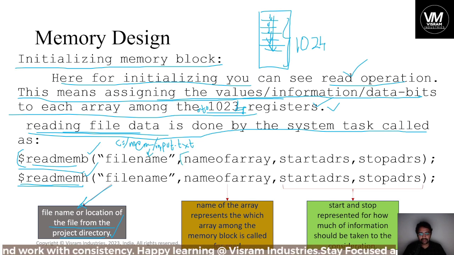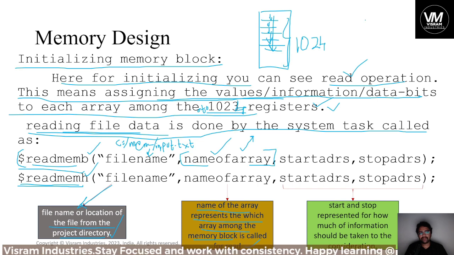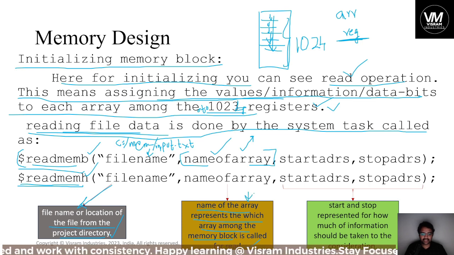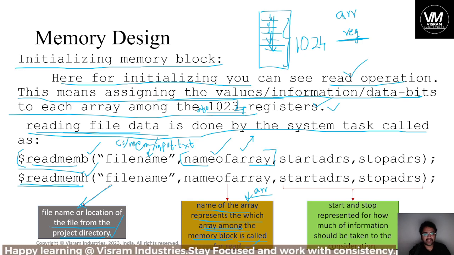And next you have to name the array. The name of the array gives the location, that is, which array among the memory block is called for read. For example, you can name it ARR, and for that ARR, the name of the array represents which array among the memory block is called for read.